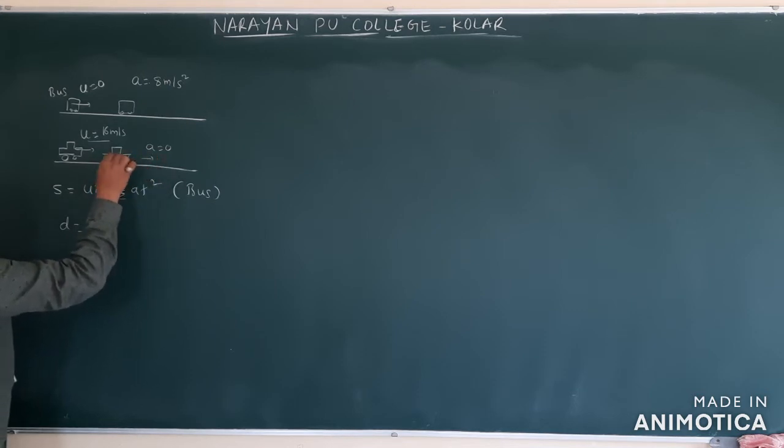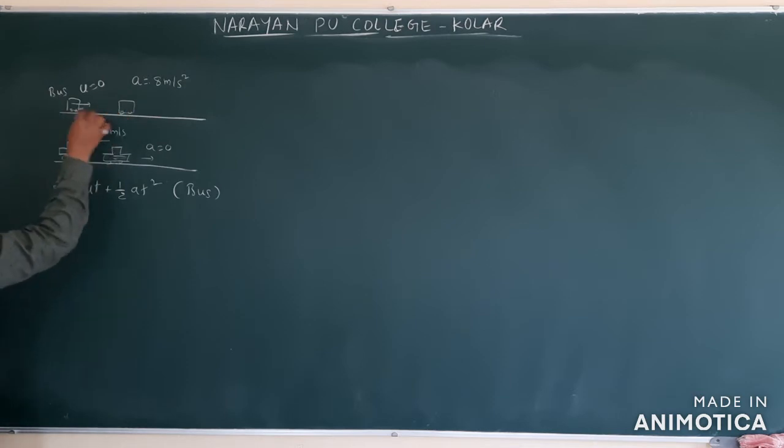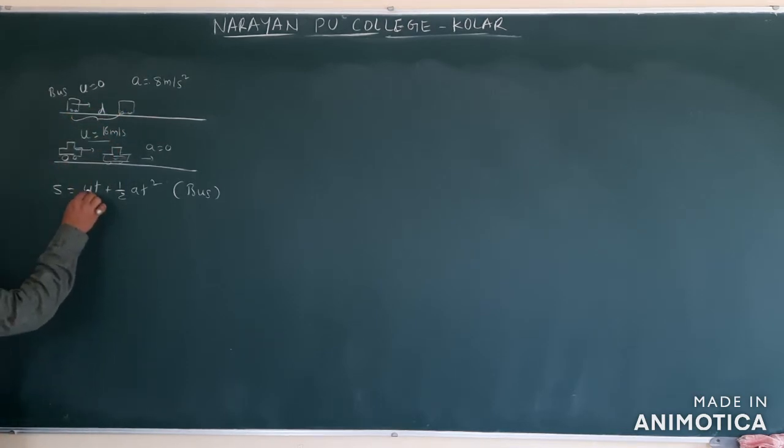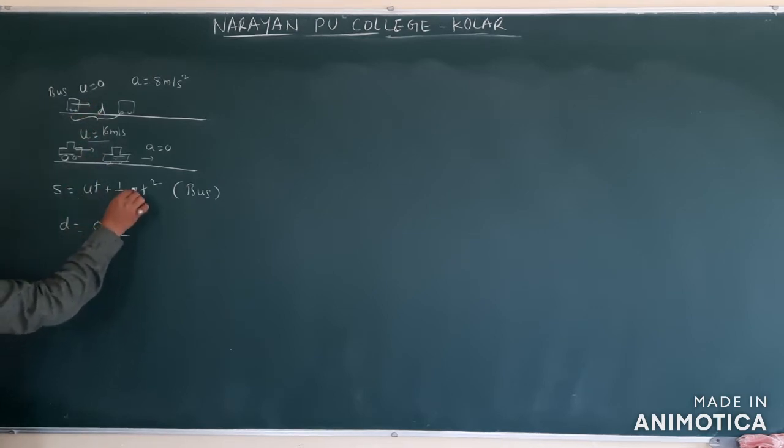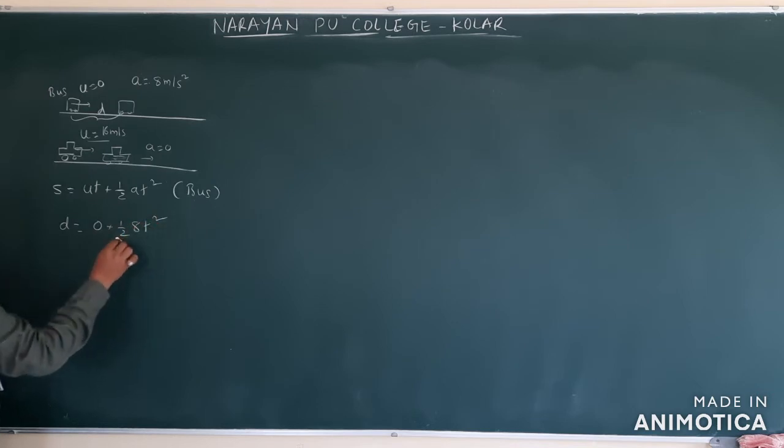At the time of crossing, the car is crossing the bus. This distance is nothing but d. So d is equal to u, which is 0 since the bus is starting from rest, plus half of acceleration a. That is nothing but d is equal to 4t square.